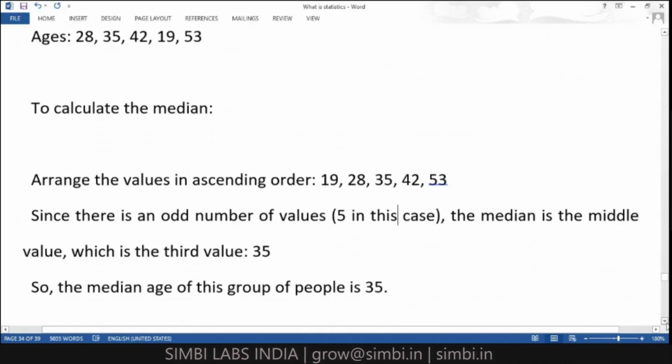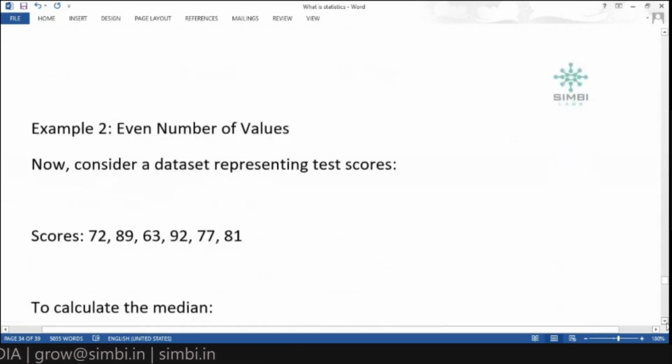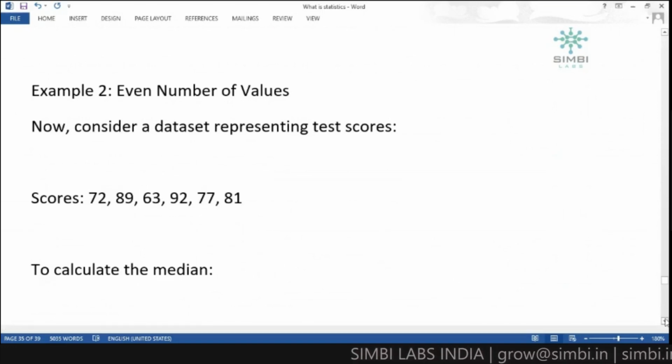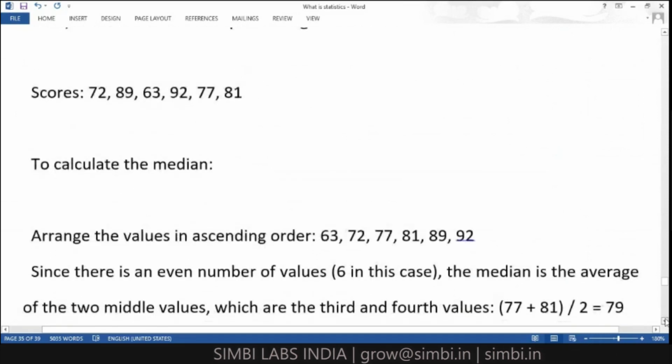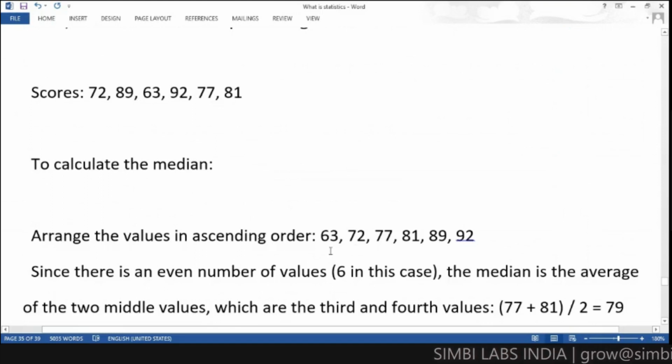And if there is an even number of values, we can see the test scores of the students: 72, 89, 63, 92, 77 and 81. First of all, we need to order them in ascending order, from small to big: 63, 72, 77, 81, 89 and 92.